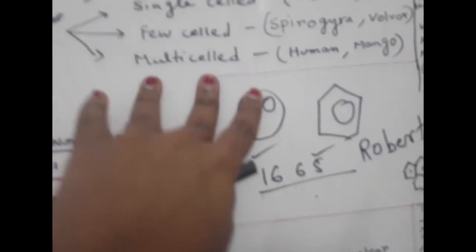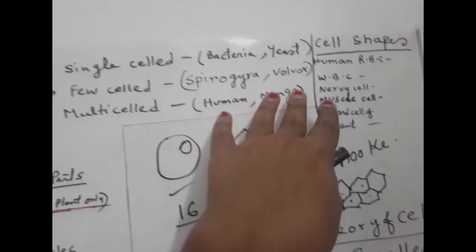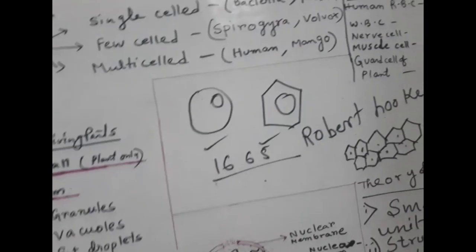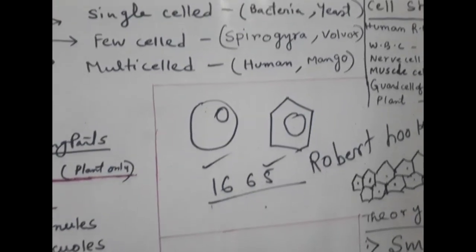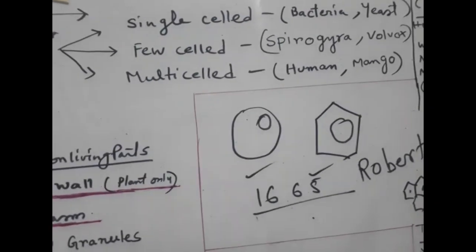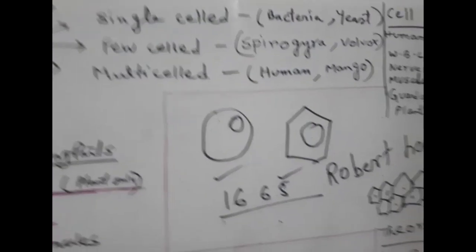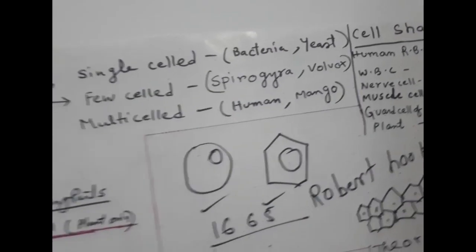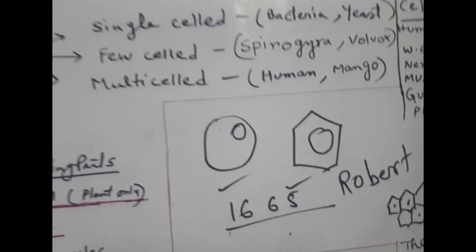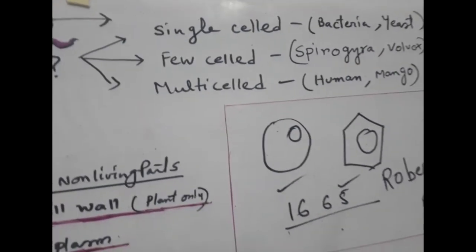Multi-celled are humans, mango, frogs. The larger the body of the animal or plant, the greater the number of cells, and the smaller the body, the smaller the number of cells.